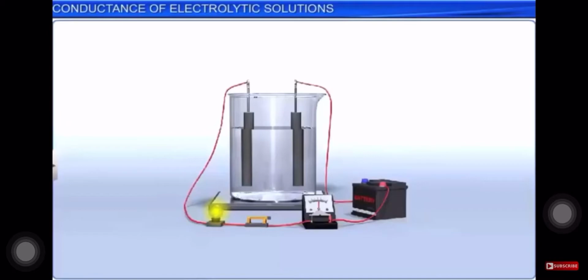Now, in order to understand what is electrolytic solution and conductance of that electrolytic solution, there are few terms which you should know. Actually, these terms are already familiar to you, as we have already seen these terms in 10th standard and 11th standard. Those terms are conductance, that is C, or we can say G also.